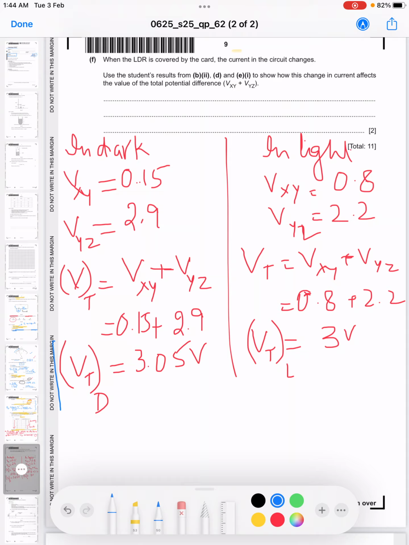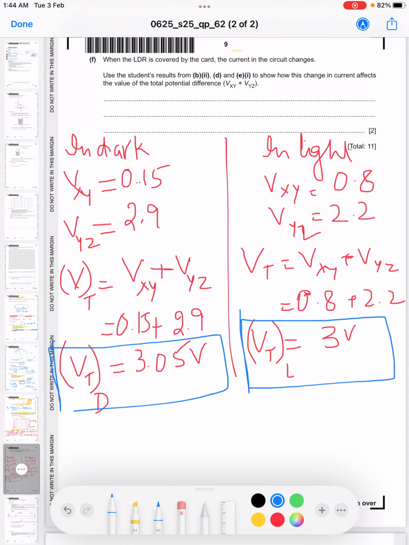Okay, students, if you observe it, these two potential difference values are nearly equal, right? And we can say potential difference is nearly equal in bright and dark.